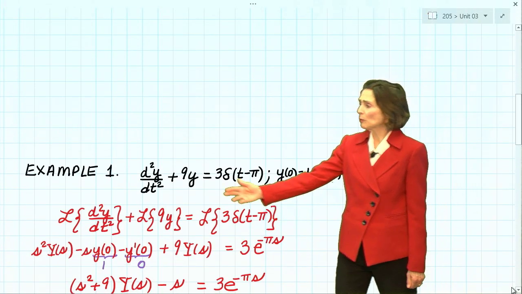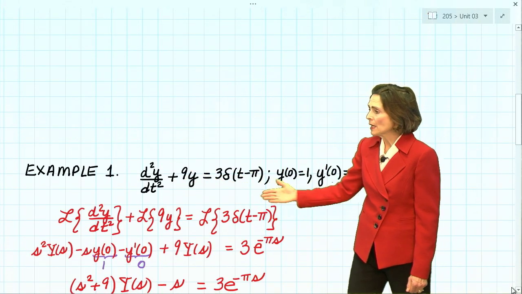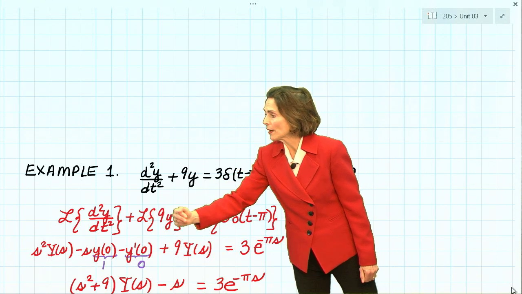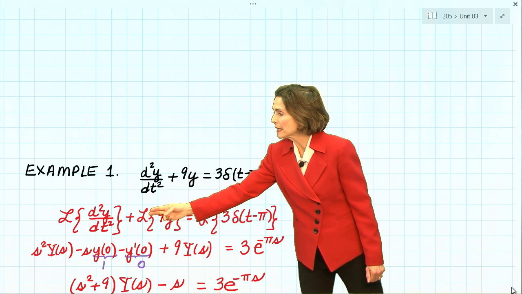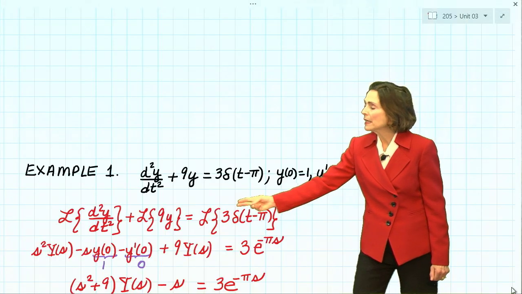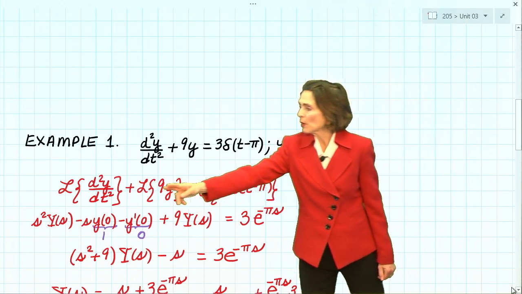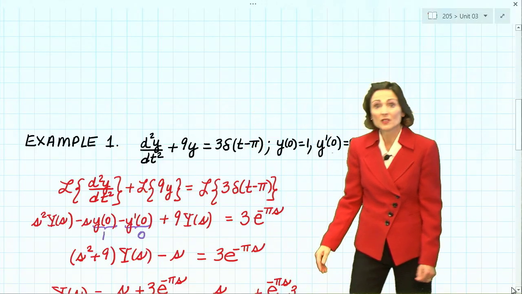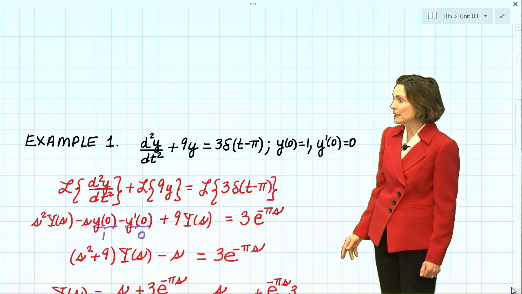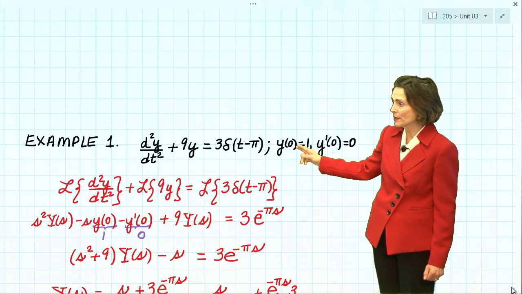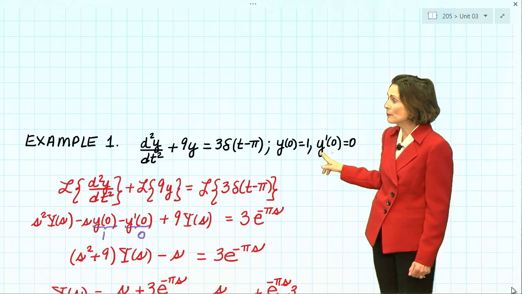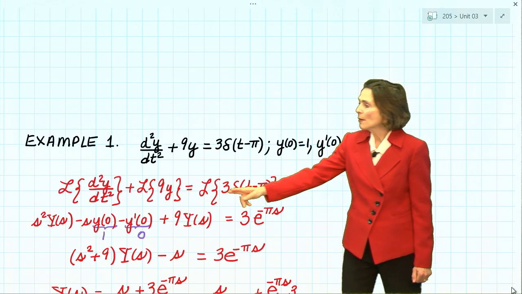Taking the Laplace transform of both sides, we have the Laplace transform of y double prime plus 9 times the Laplace transform of y is the Laplace transform of 3 delta of t minus pi. The Laplace transform of the second derivative is s squared, capital Y at s, minus s times y at 0, which is 1, minus y prime at 0, which is 0.